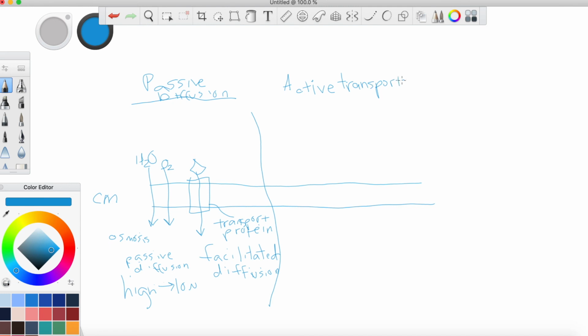Now, two key features of active transport: it always requires a transport protein, and always requires energy.